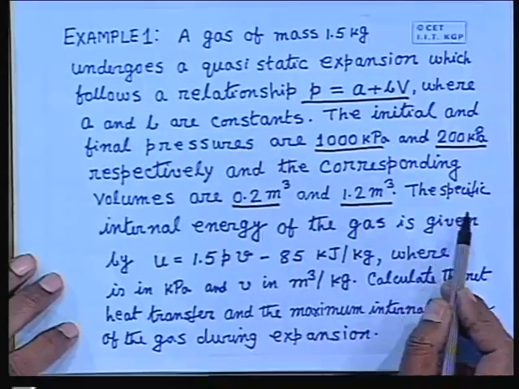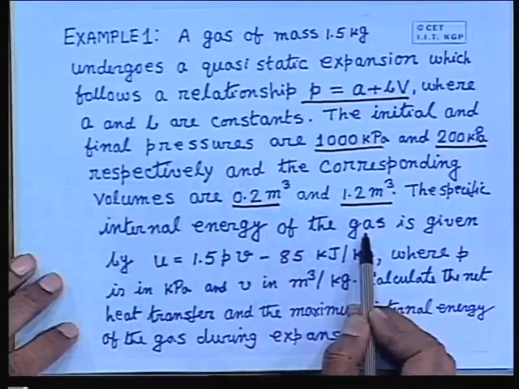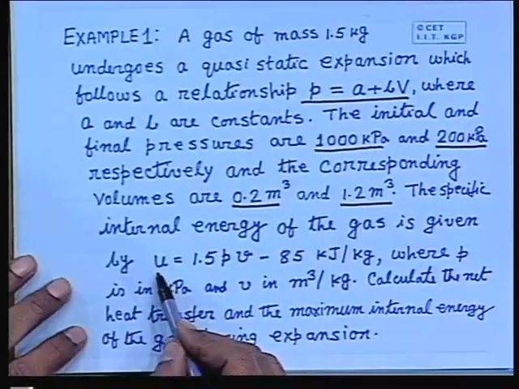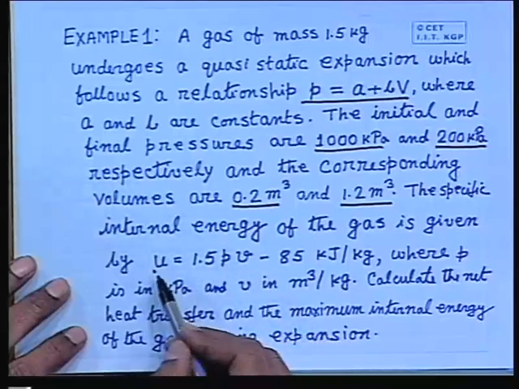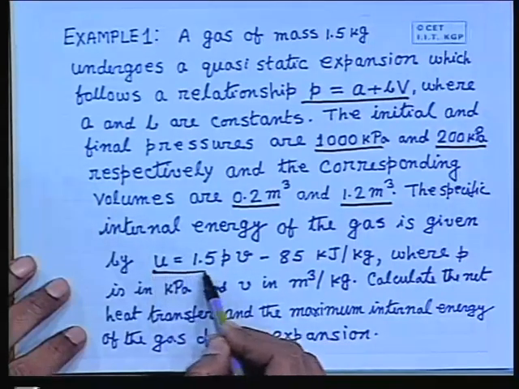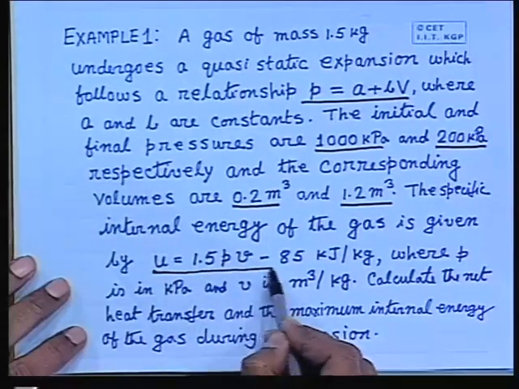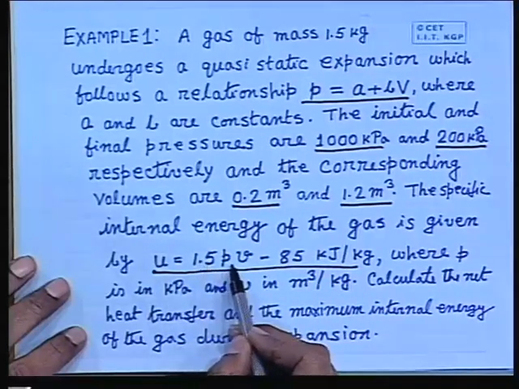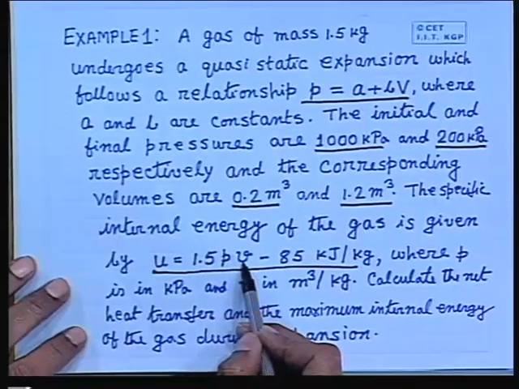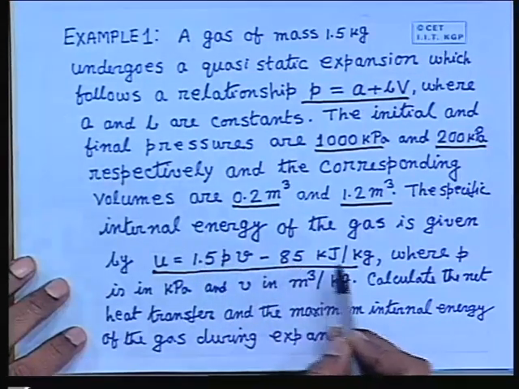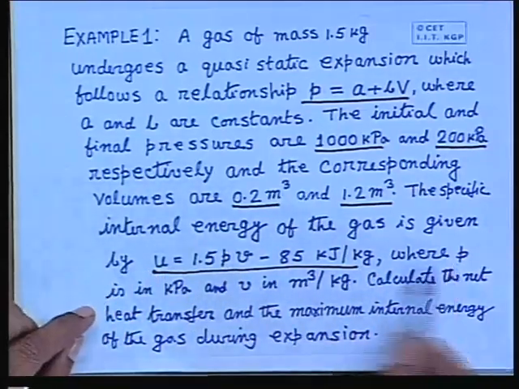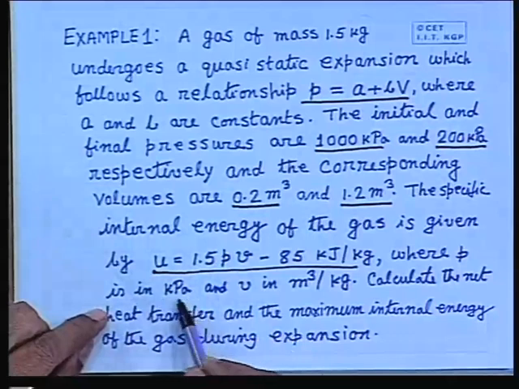Well, the specific internal energy of the gas is given by, now I told you earlier regarding internal energy, how it relates with pressure and volume, this we will see afterwards, but at the present moment we will assume a relationship, given as U is equal to 1.5 PV minus 85, where V is the specific volume and P is the pressure. This U is expressed in kilojoule per kg, provided we substitute P in this equation in kilopascals.